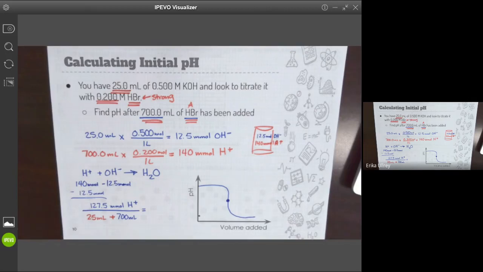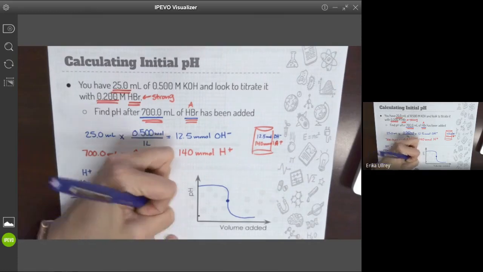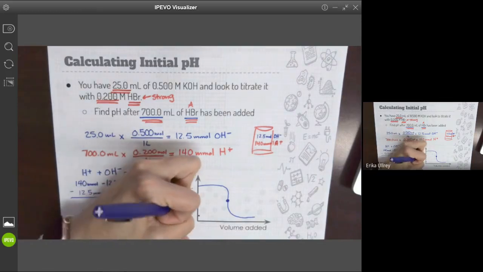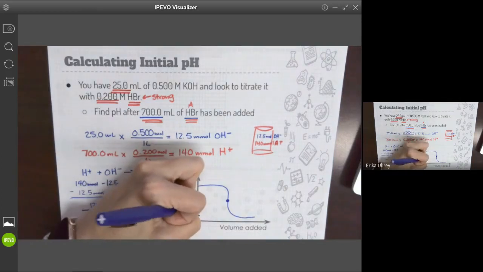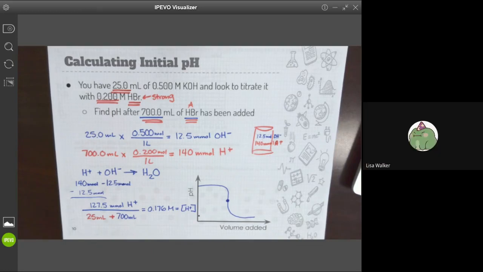So we're going to take our 127.5 millimoles of H plus, and we're going to divide that by 725 milliliters. And so that means that our concentration is 0.1758, so we'll call that 0.176 molar. And that's my concentration of H plus. So how would I get the pH? You would take the negative log of that.